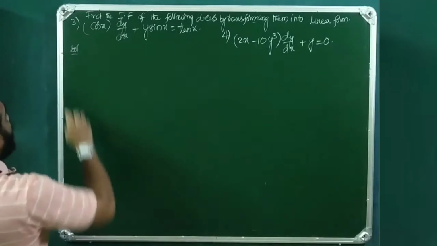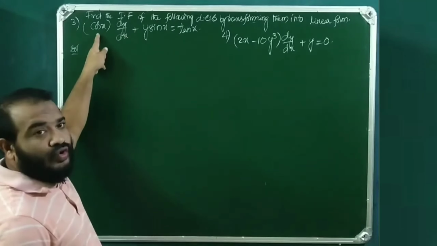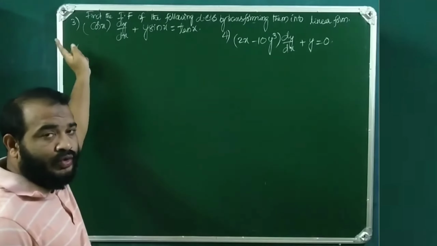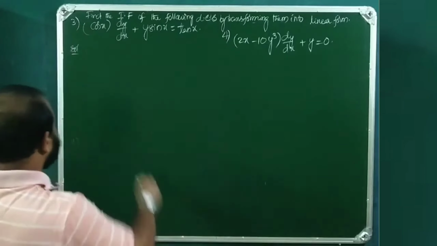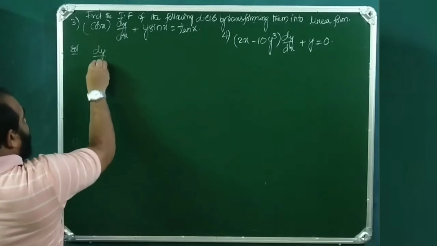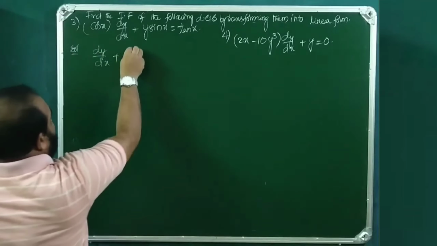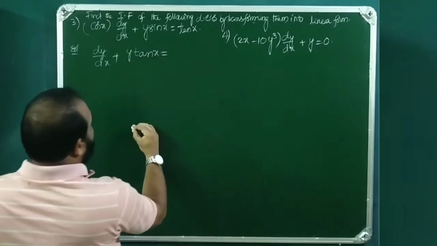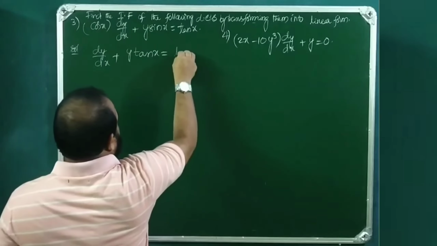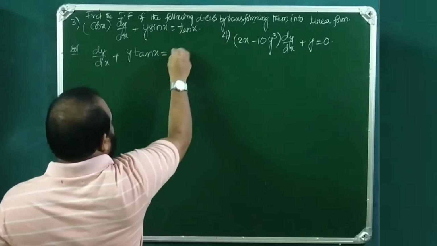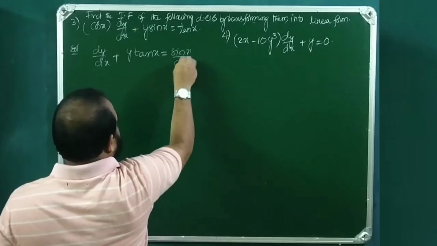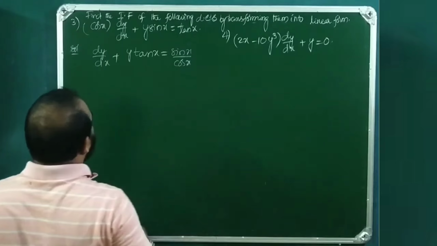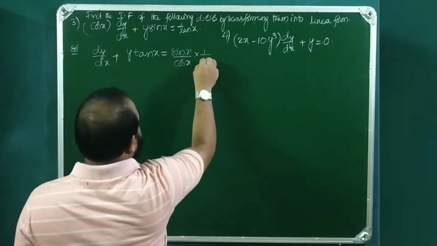Here the coefficient of dy by dx is cos x, for which we need to divide by cos x. dy by dx plus y sin x by cos x, which is tan x, equals sin x by cos x into 1 by cos x.